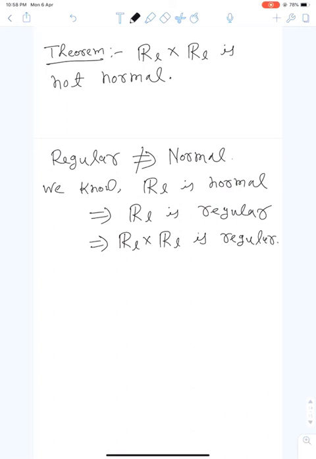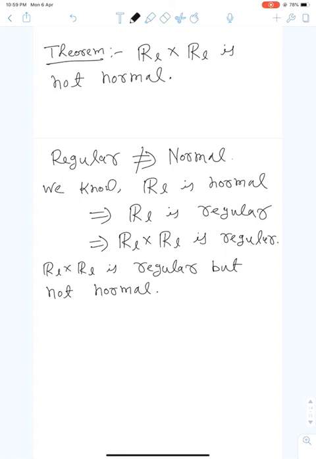Therefore R_l cross R_l is regular but not normal. So therefore a regular topological space does not imply a normal topological space. So this is the one observation.